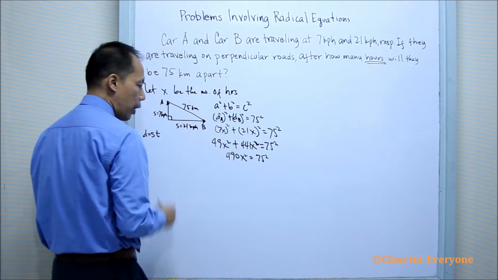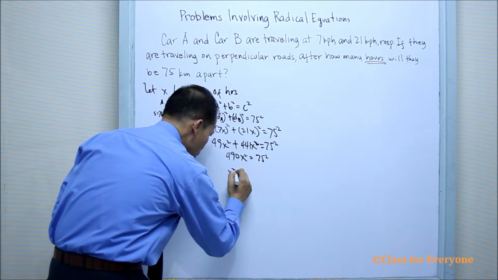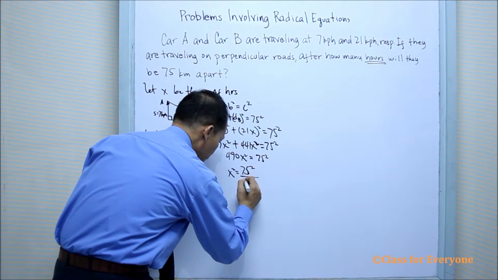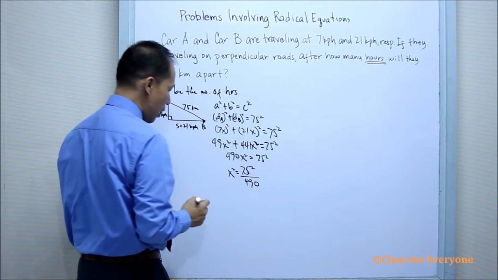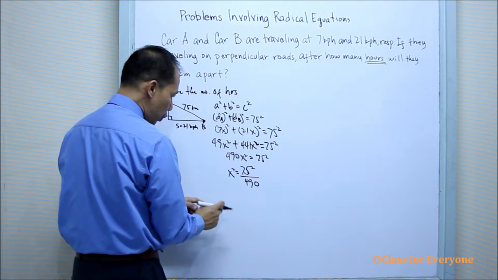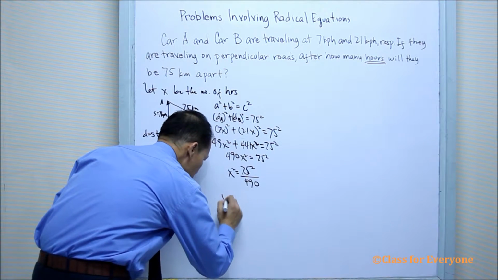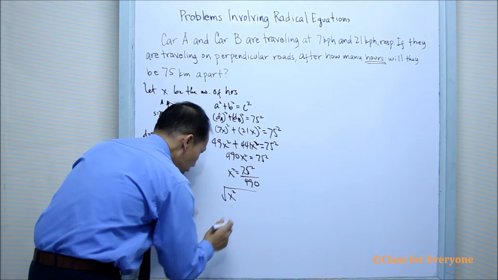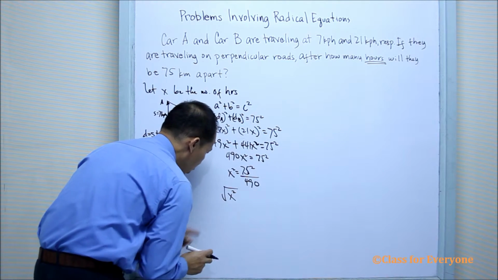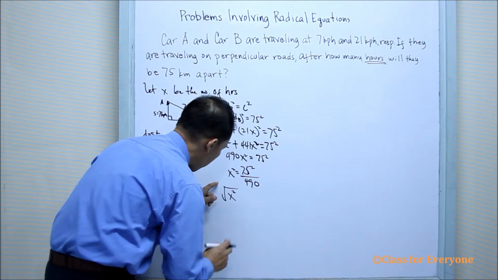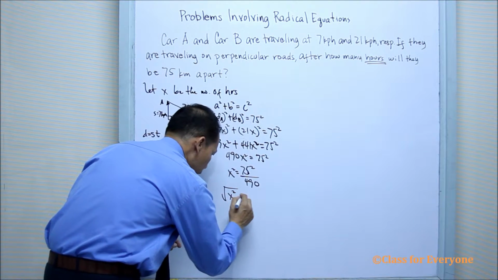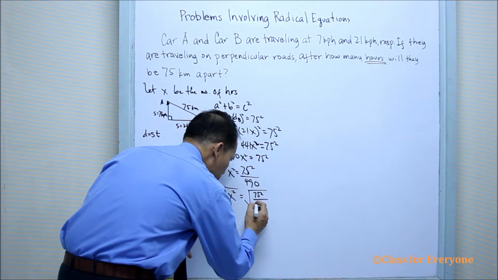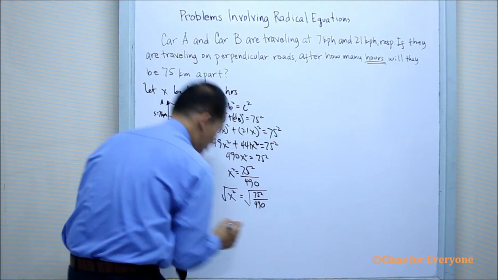Divide both sides by 490, and we have x squared equals 75 squared over 490. But we're not looking for x squared, we're looking for x only. So we take the square root of x squared, and likewise on the right side, the square root of 75 squared over 490.